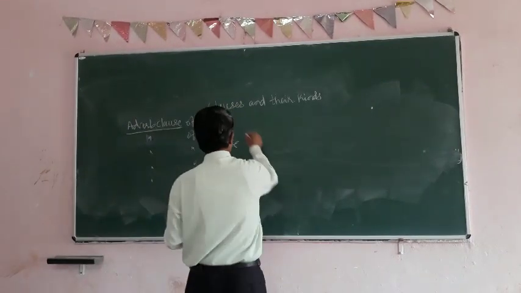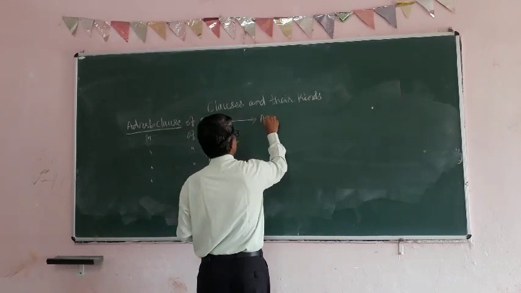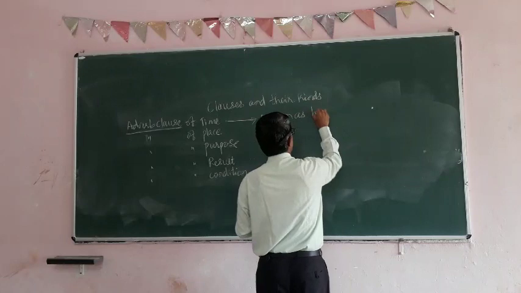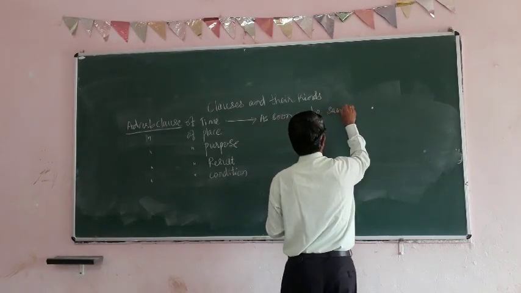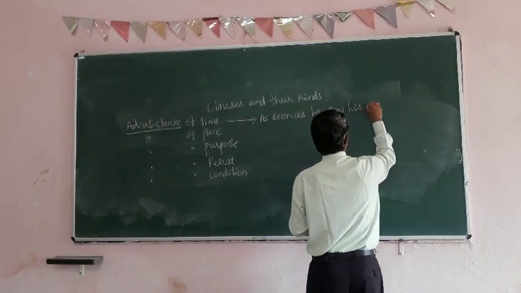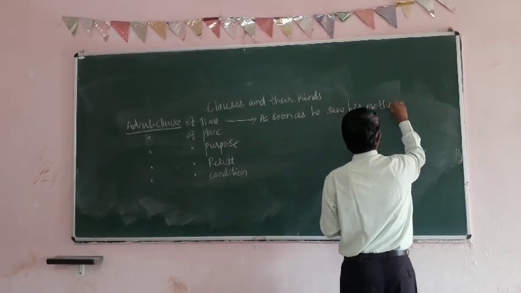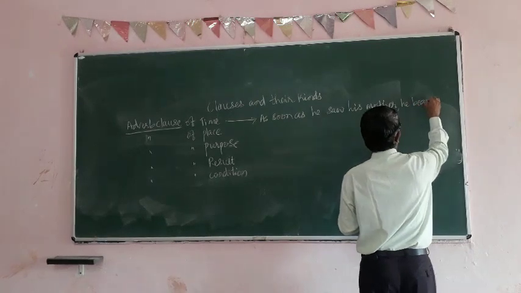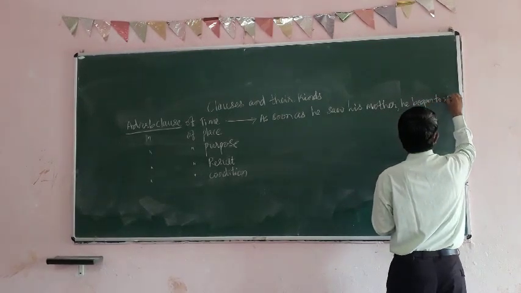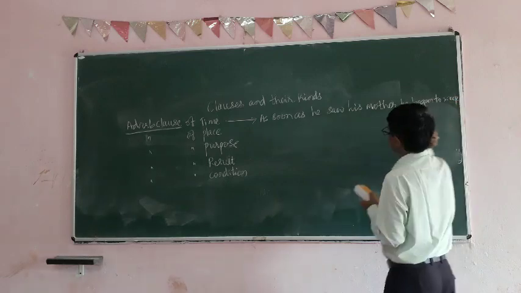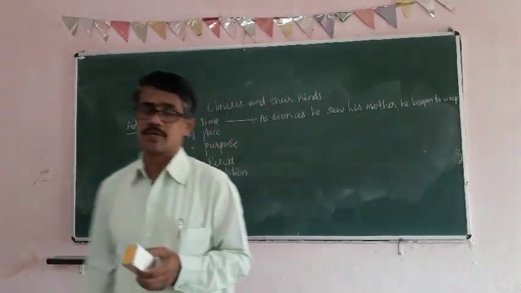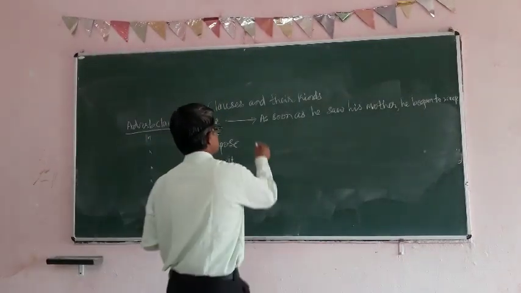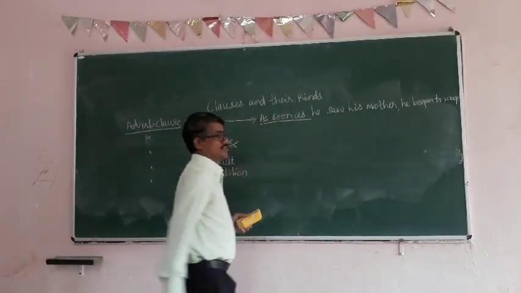For example, as soon as he saw his mother, he began to weep. Here, the subordinating conjunction used is as soon as.